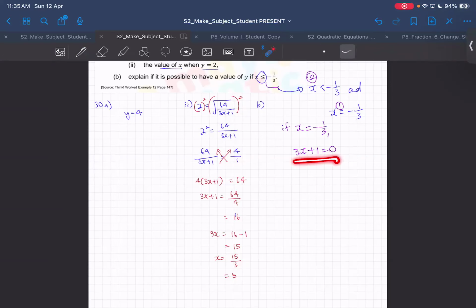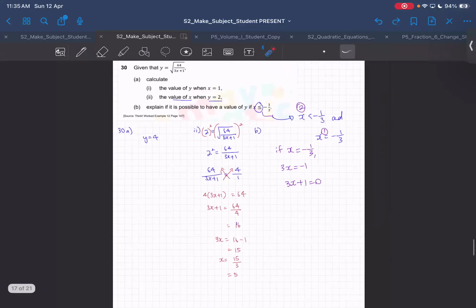Can see or not? Or should I do slower? See, you cross multiply, you'll get 3x equals to negative 1. Correct? Then you bring the 1 over, it becomes plus 1, and the right side will just be 0. Can? So why am I doing this?